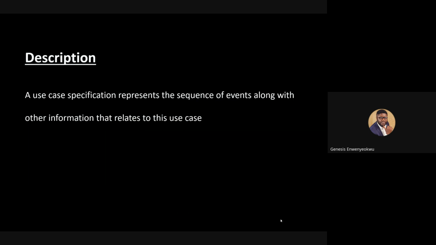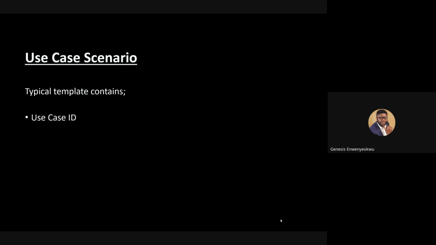We're basically talking about the different sequence of activities that needs to be carried out on the solution. Or simply put, we are basically talking about the different functions that the solution will need to have, and what detailed information the functionalities or functions should have.